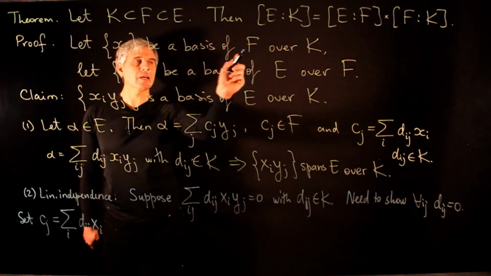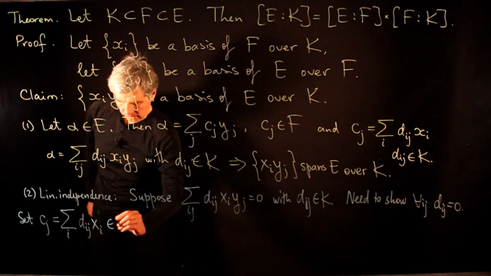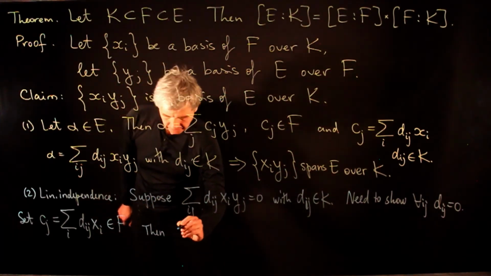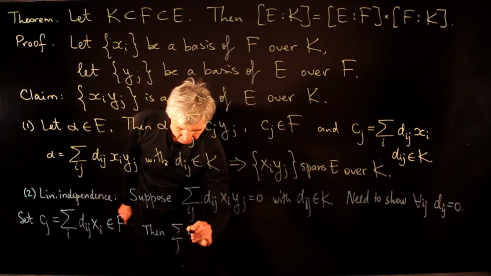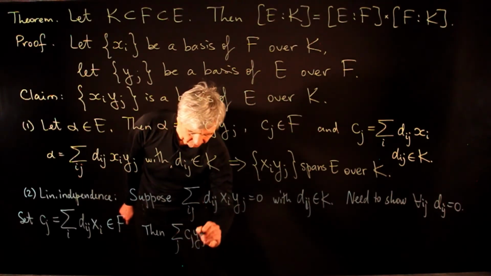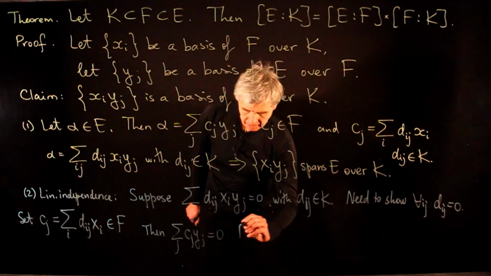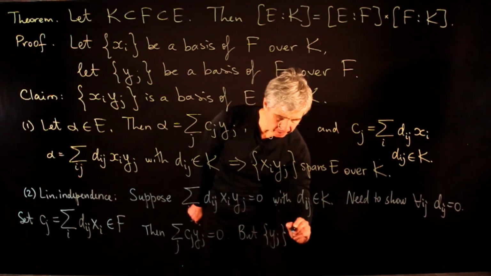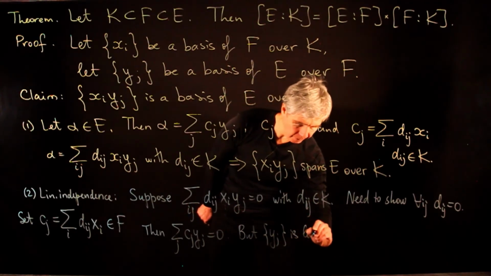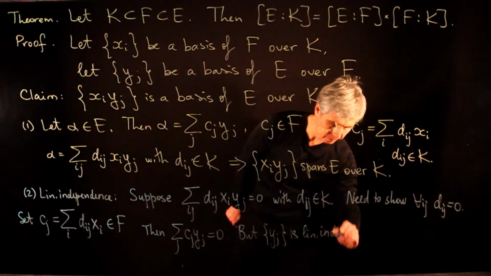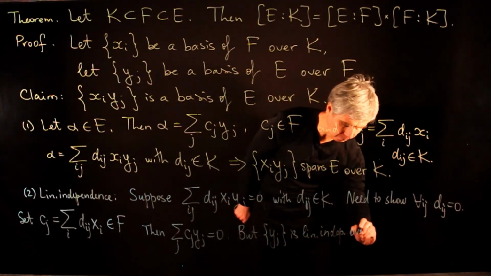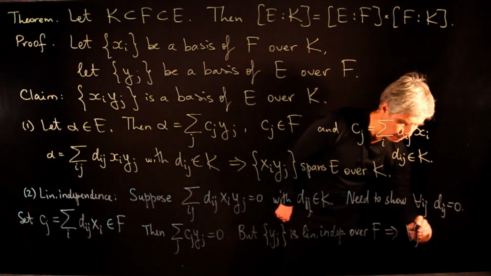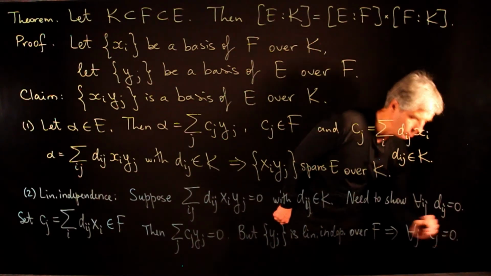Since the xi's are elements of F, these are also elements of F. And then we have that the sum over j of cj yj is equal to 0. But the set of yj's is linearly independent over F. And from here we conclude that for all j, cj must be equal to 0.